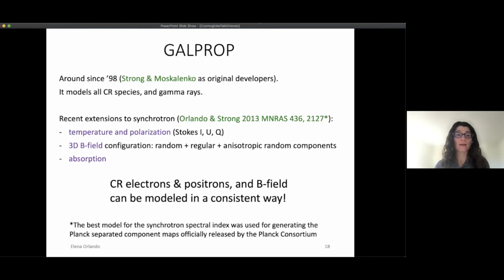We implemented three components: a random, a regular, and a possibly anisotropic random component. We also included absorption so that we can go to lower galactic latitudes and to lower frequencies in radio. And the best model for the synchrotron spectral index that we found in our previous work was used for generating the Planck separated component maps, which were officially released by the Planck consortium.